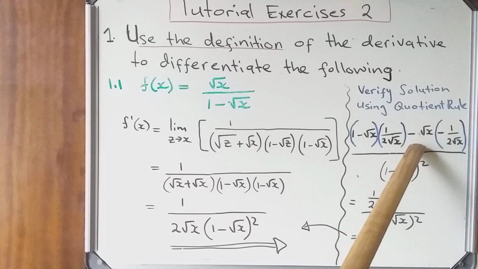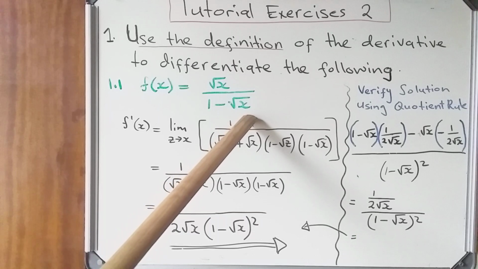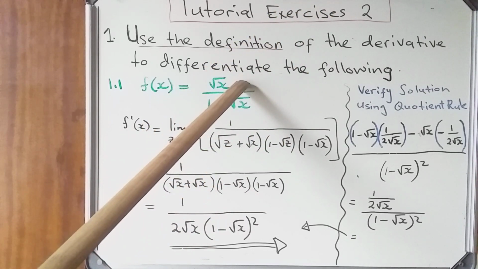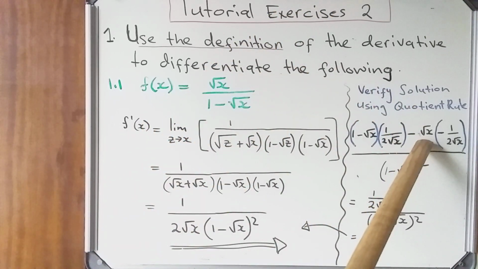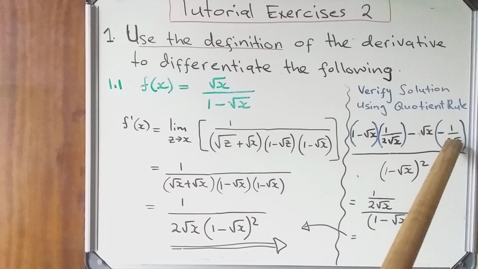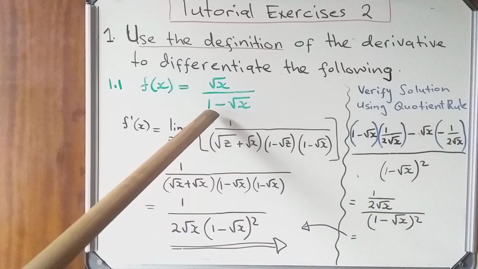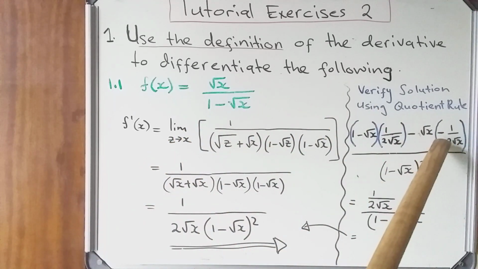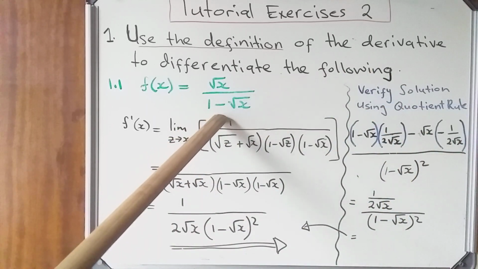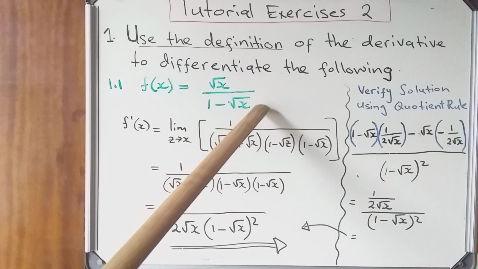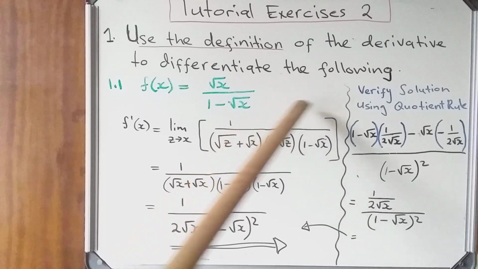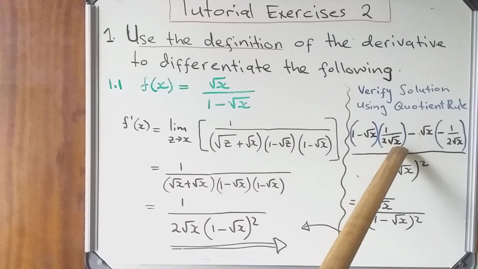And then minus the numerator, since you started with the denominator, now you start with the numerator. You differentiate the denominator. If you differentiate 1, you get 0. So 0 minus root of x times the derivative of the denominator, 1 over 2 root of x.